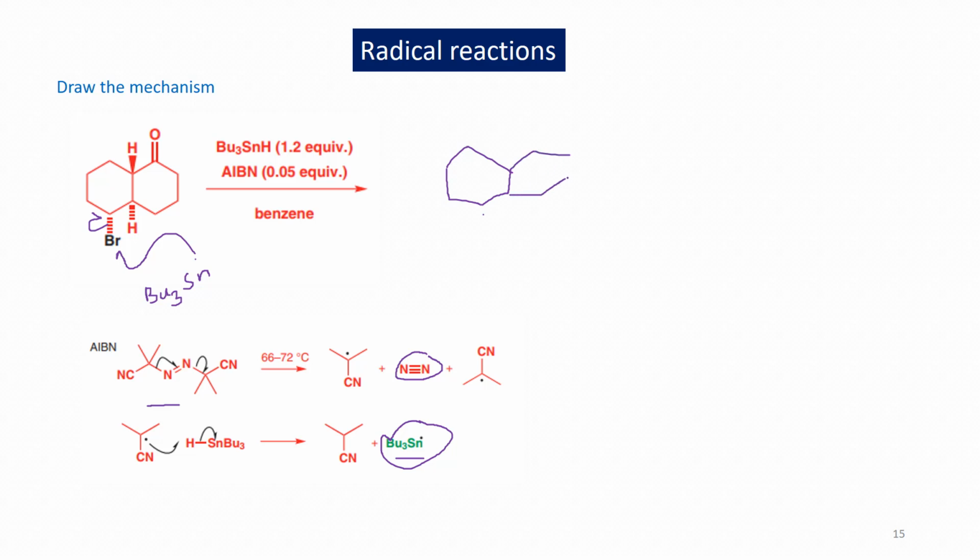Now to trap this radical, we have to add some reagent which will trap this radical. So what is the other radical that can trap it? After taking one, this radical will form. Now suppose instead of this CN radical, this radical itself takes up this proton from the tin hydride.